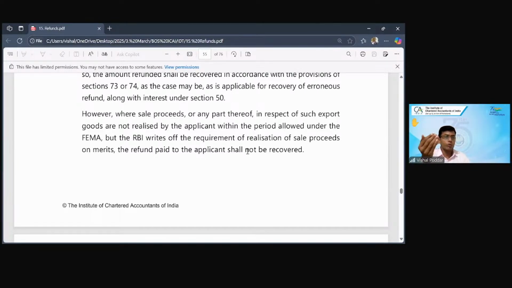So, we exported the goods, the amount was not recovered, but this non-recovery is for such reasons which the RBI considers, and the RBI itself says, okay, you write off this amount, it will not be recoverable. In such cases, since RBI itself has allowed you to write off this amount, you need not refund that amount, because this non-realization is still acceptable.